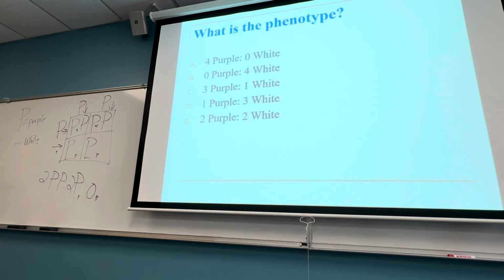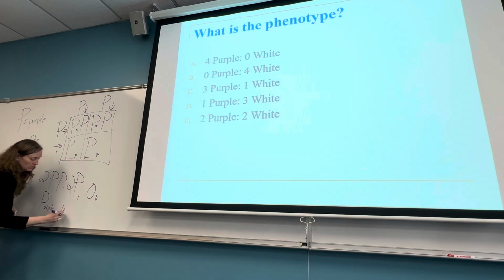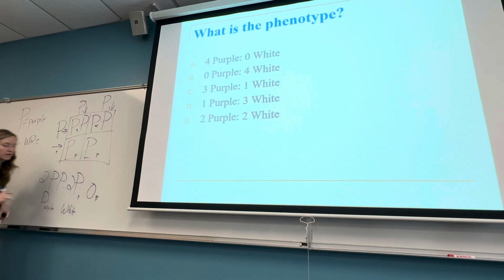Capital P represents the expression of the trait purple, and little p represents the expression of the trait white. The way that we would write out our phenotypic ratio is we would put the dominant allele trait first, the recessive allele trait second. So the dominant trait is purple.